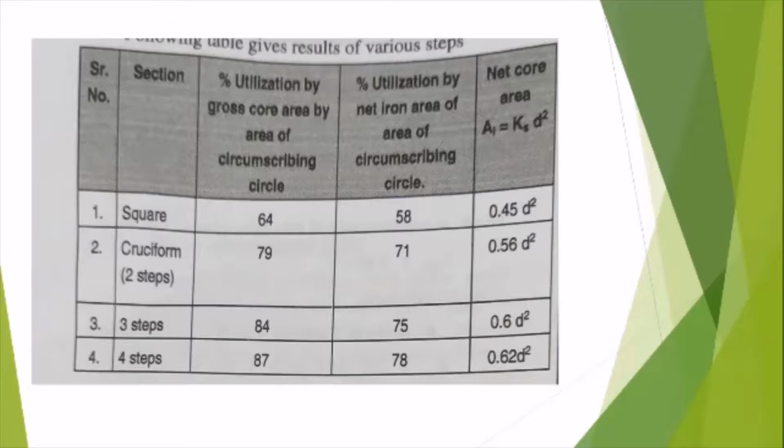For cruciform, 79% gross core area is utilized by iron, and 71% net iron area. In 3 step, 84% gross core area is utilized by iron, and net core area utilized is 75%. In 4 step, 87% gross and 78% net.